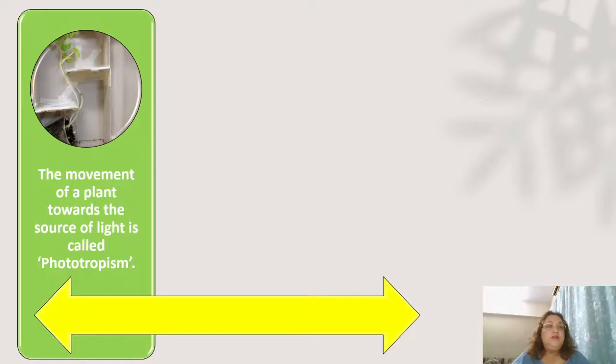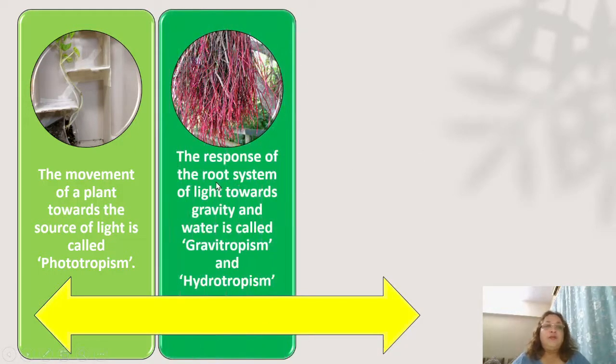The movement of a plant towards light is called phototropic movement or phototropism. Other movements of plants, that is the response of the roots growing downwards towards gravity and towards water, is called gravitropism and hydrotropism.